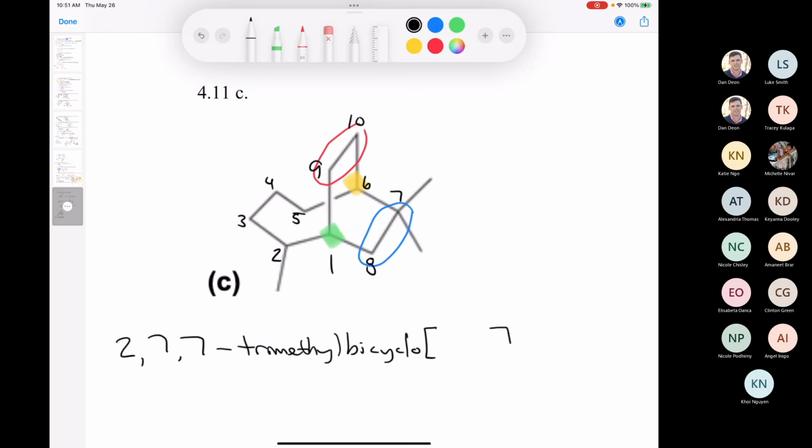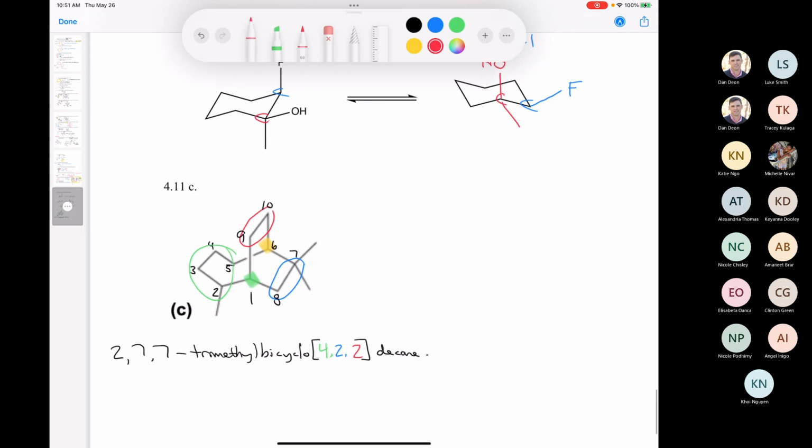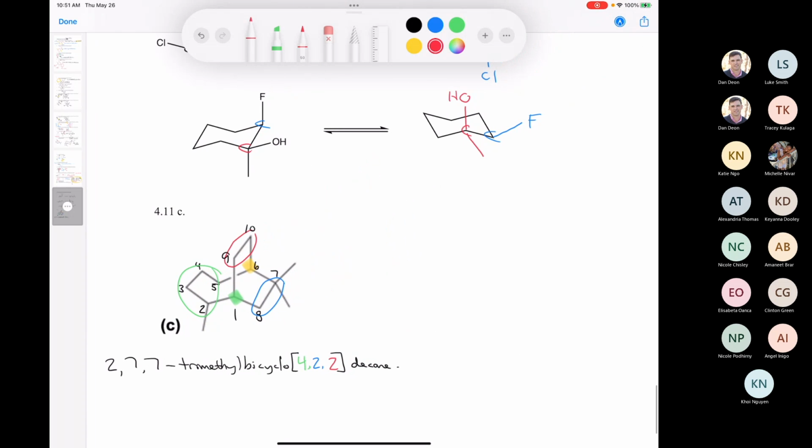So I'll put here bicyclodecane. In the longest bridge, I've got 1, 2, 3, 4 carbons, so 4. In the next bridge, the one in blue, I have 2 carbons. And in the last bridge, I also have 2 carbons. And so the compound would be 2,7,7 trimethyl bicyclo 4,2,2 decane. And there we have it. We covered all of the practice problems.